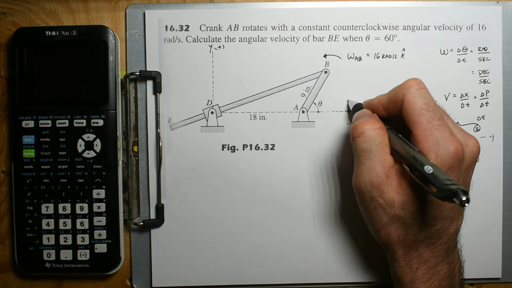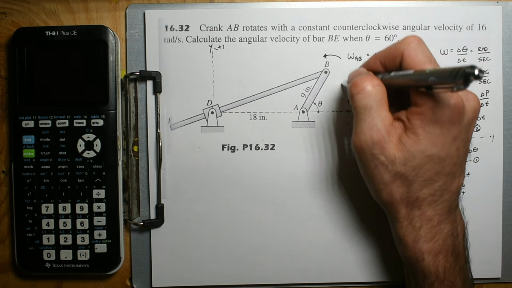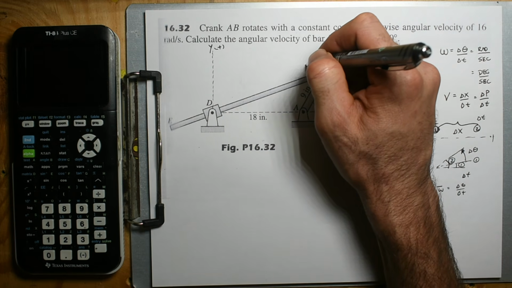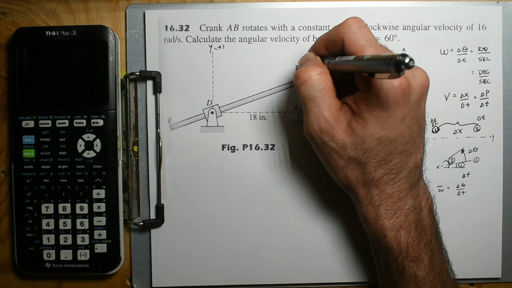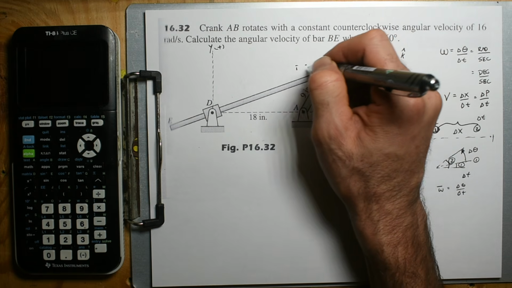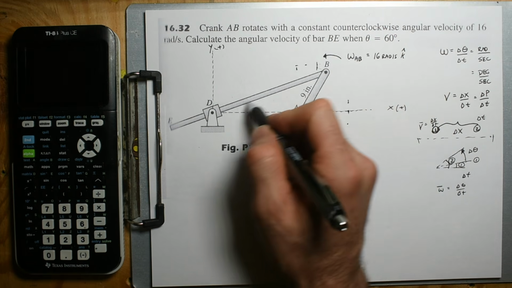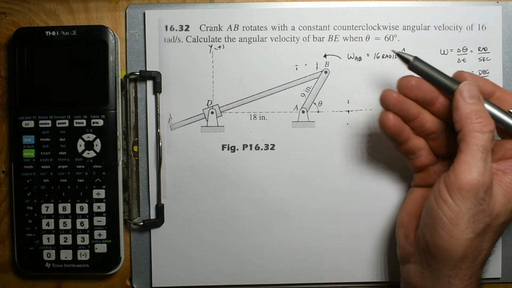Even from here to there, this bar hardly moves through D. But if I'm at the top of a circle, right here, look at that distance. When this bar moves from here to there, it's moving through D that much.